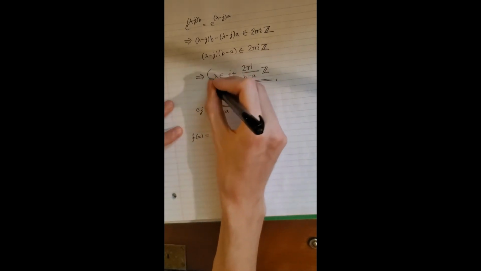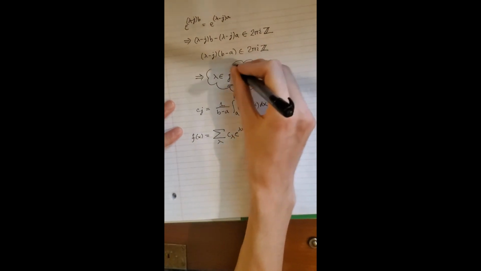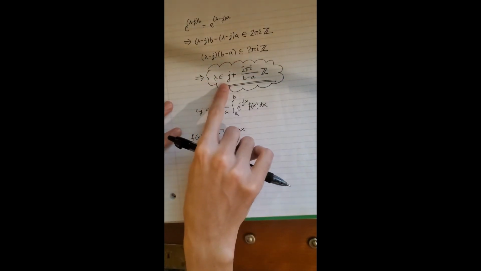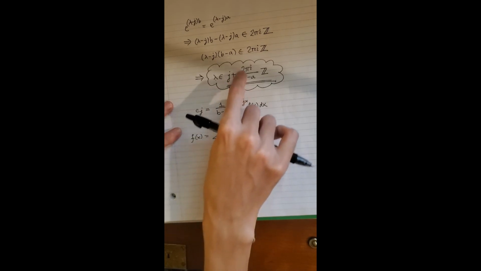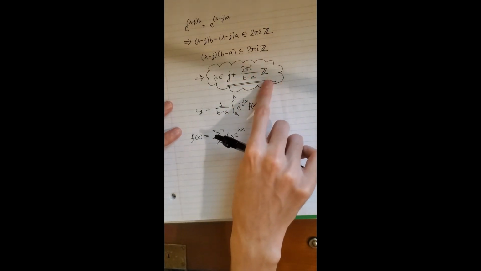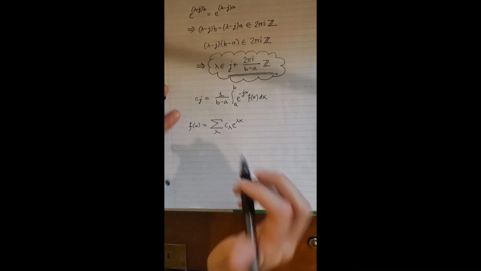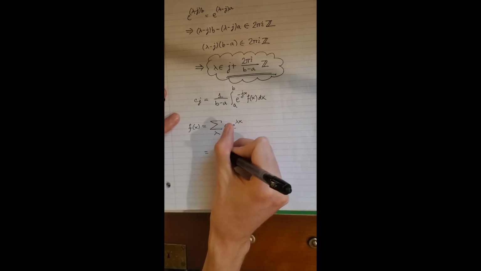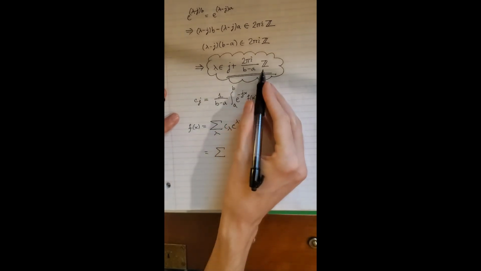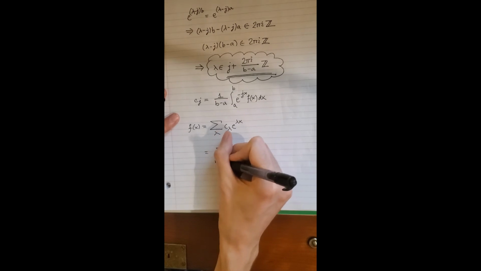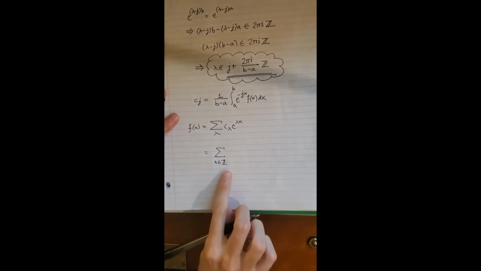We know that lambda is of this form, right? So lambda is equal to j plus 2 pi i over b minus a times some integer. And what that means is that our indexing is over the integers. So let's say we're indexing over n.